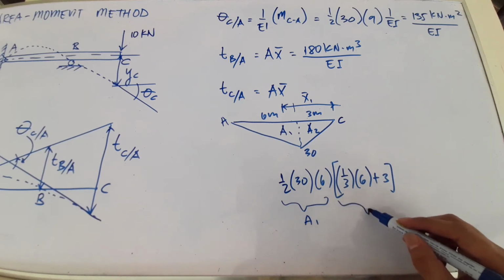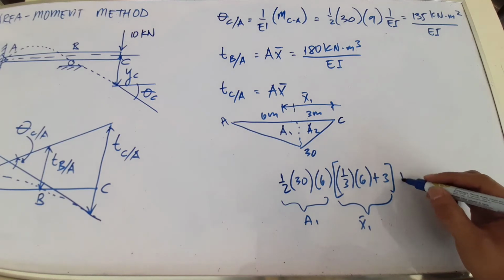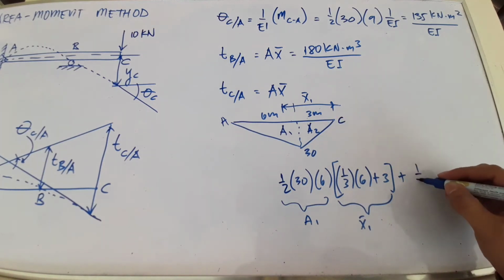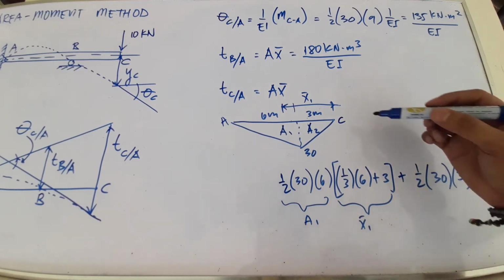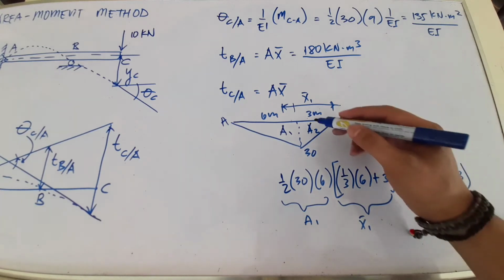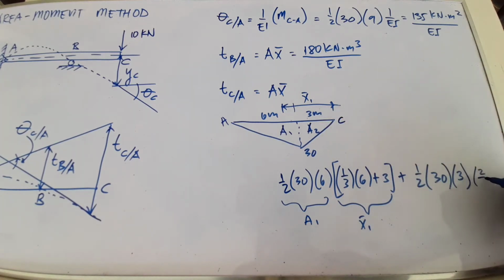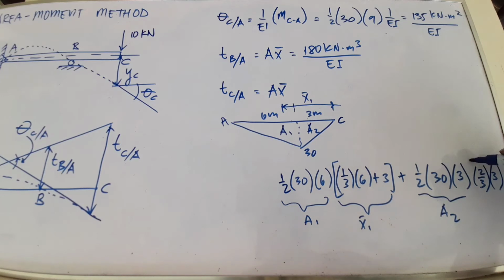Ito naman yung x-bar 1. Okay? Plus, yung second area natin, which is 1/2 times 30 times 3. Yung x-bar 2 natin is dito lang, no? 2/3, which is based from point C. So, you have 2/3 times 3. So, again, ito yung area 2. Ito naman yung x-bar 2.